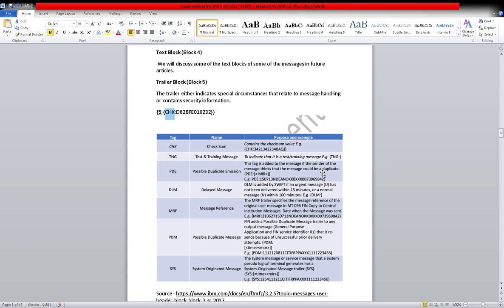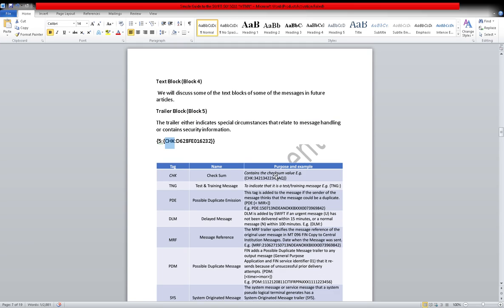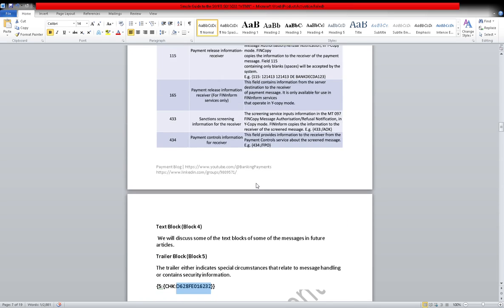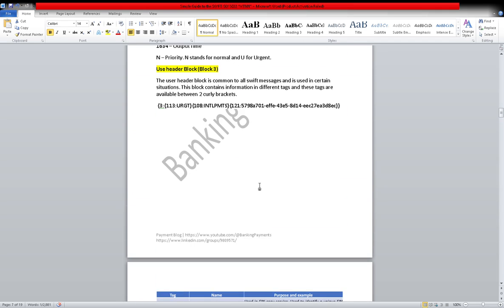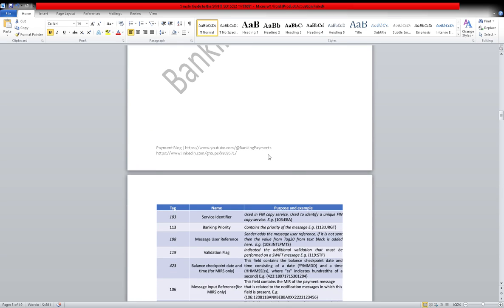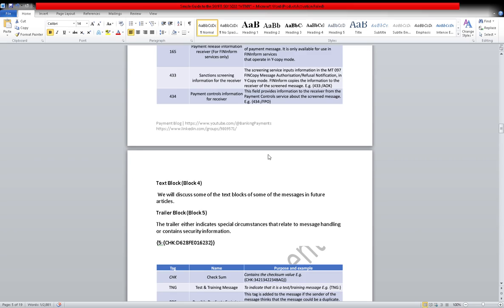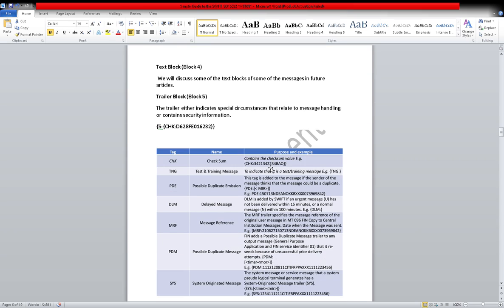It is a random value, like our UATR, which is also randomly generated. It doesn't have any significance or rule applied to it. Like this, the checksum is also randomly generated for the MT103 message.